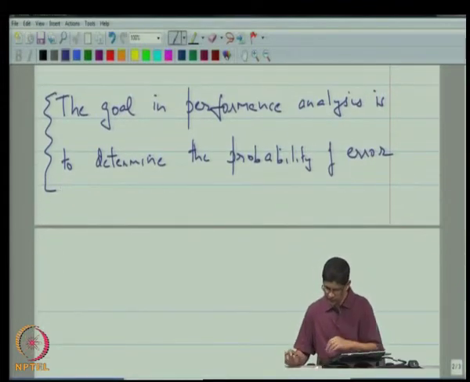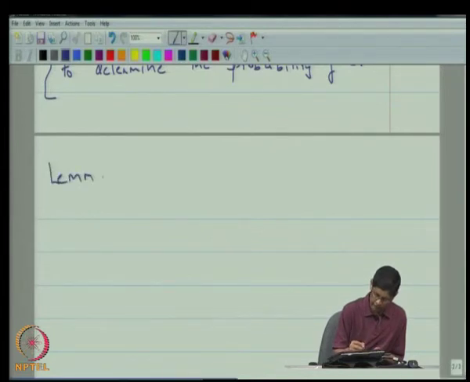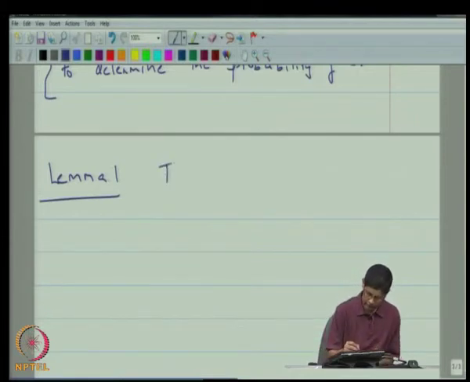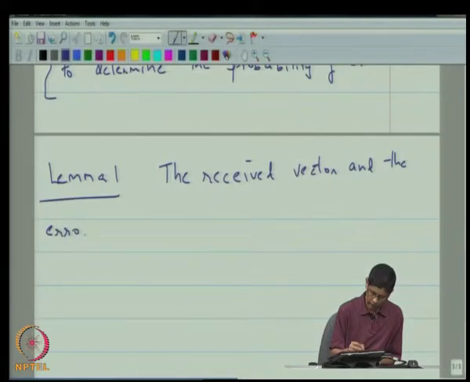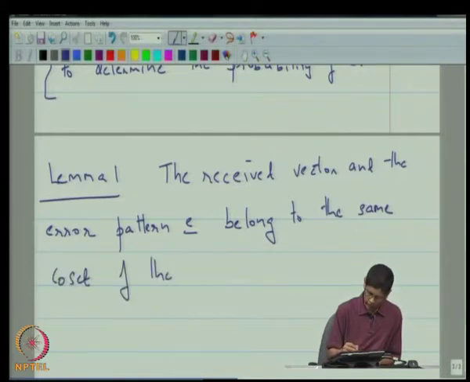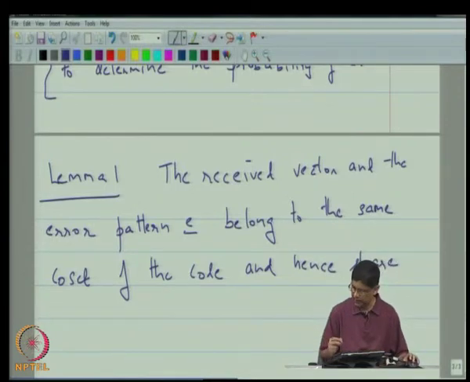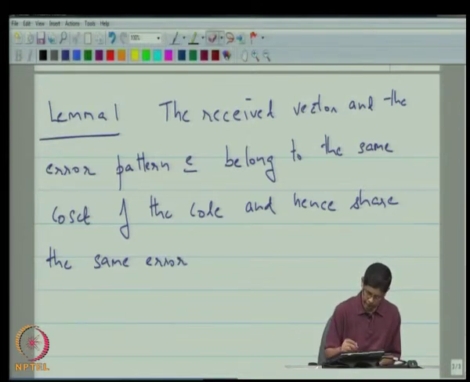The first point to note is Lemma 1. The received vector y and the error pattern e belong to the same coset of the code, and hence share the same syndrome.